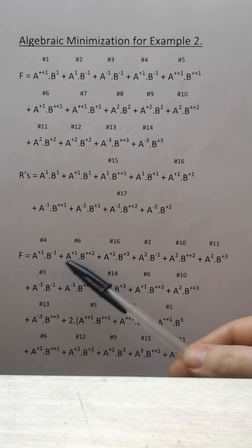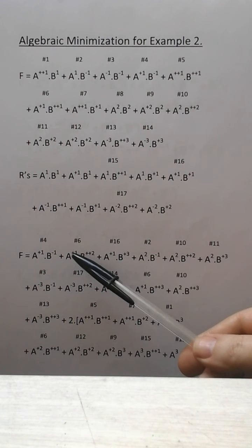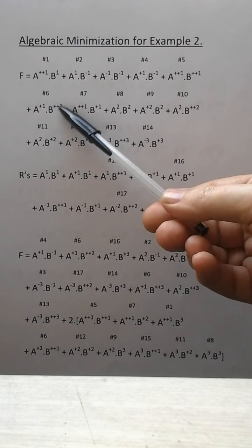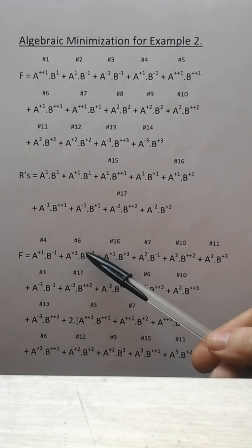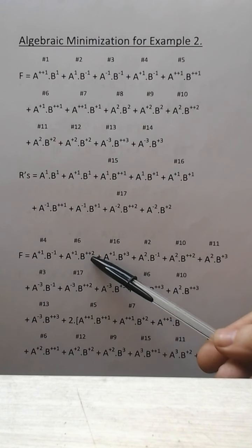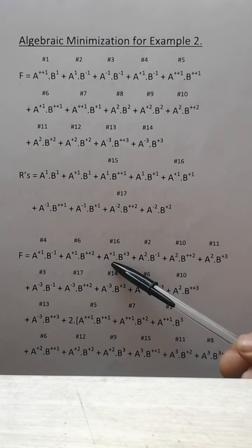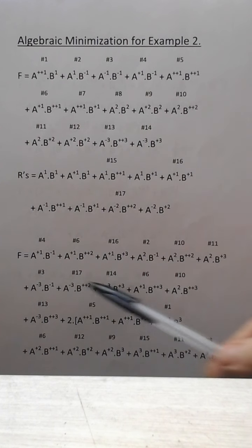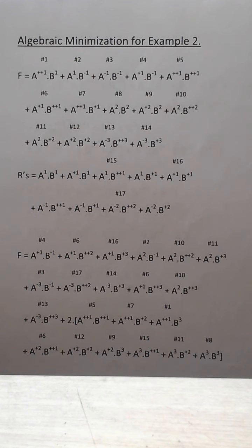So here, again, number 6 is A plus 1 min B plus plus 2. I've changed that 1 to a 2 here to give A plus 1 min B plus plus 2. And similarly, 16 here, I've changed that 1 to a 3, and similar process for the rest of them.